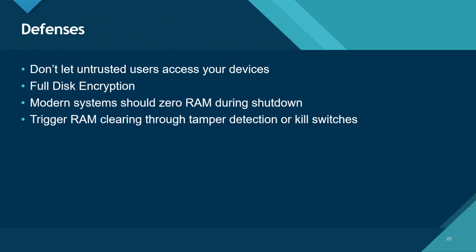Secure systems would zero memory on shutdown. The Pi really doesn't. You can get it to do it, but baseline it doesn't. And in enterprise setups, you can also trigger RAM clearing through tamper detection or things like kill switches to make sure that if someone is messing with the RAM, then it would kill the system or whatever you actually decide for it to do.